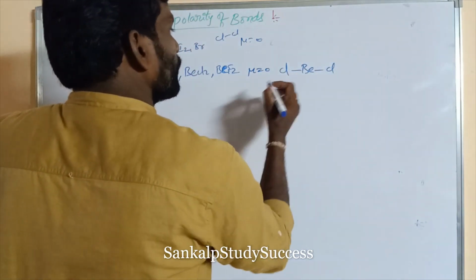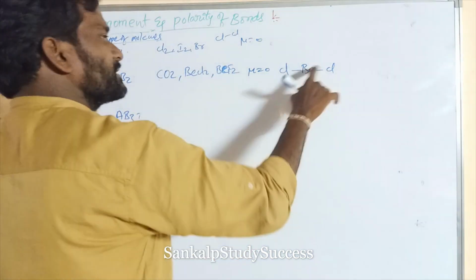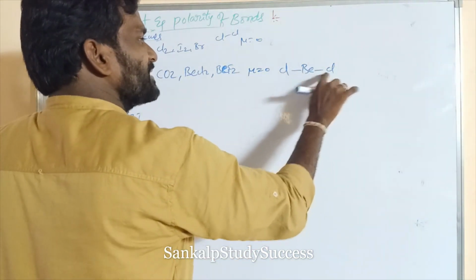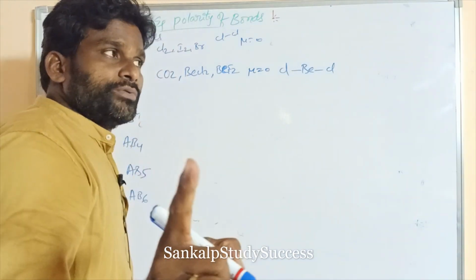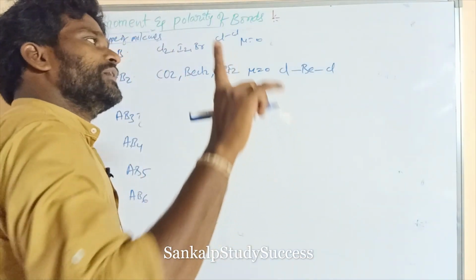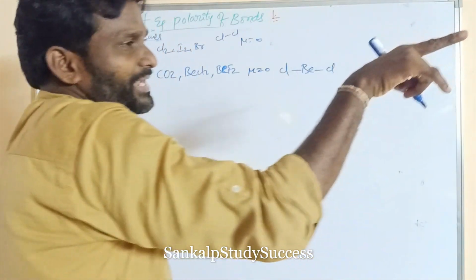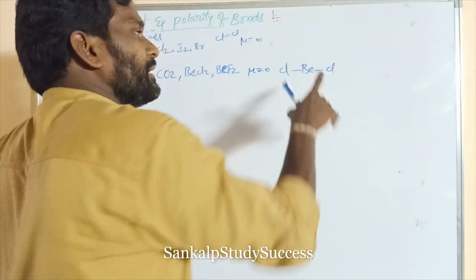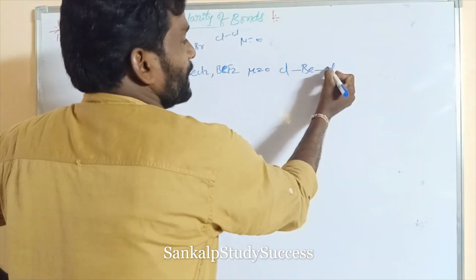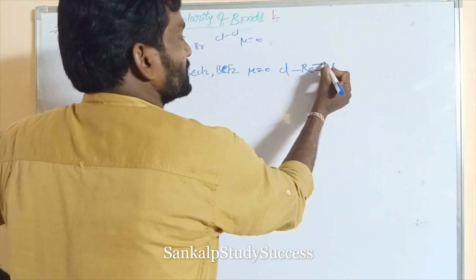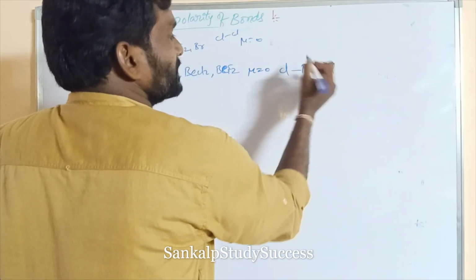The dipole moment is that of the Be-Cl bond. Dipole moment can be represented by a crossed arrow. In the crossed arrow, the arrowhead always indicates the more electronegative atom. Between Be and Cl, chlorine is more electronegative.